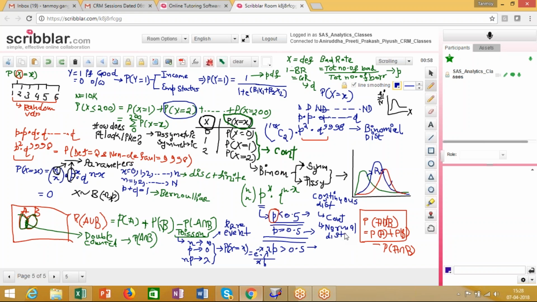Right. So now normal distribution is perhaps the most celebrated form of continuous distribution in statistics. Right. So it is the most celebrated form of distribution that we get to see in statistics.